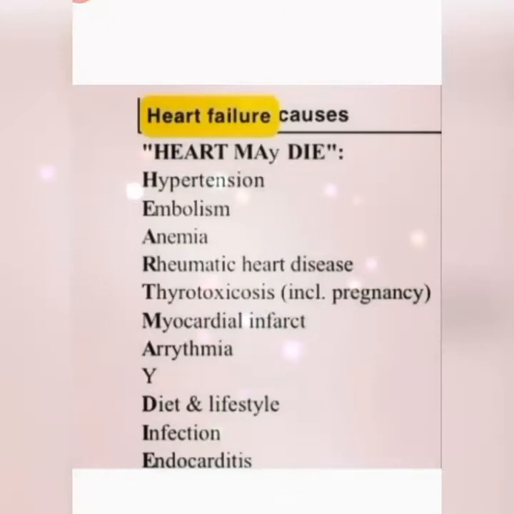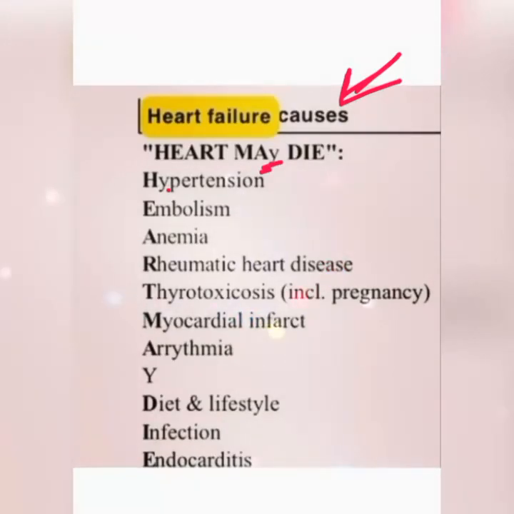As promised, here are some mnemonics that will help you remember in a better way. For the heart failure causes, the mnemonic is HEART MAY DIE, in which Y is silent.